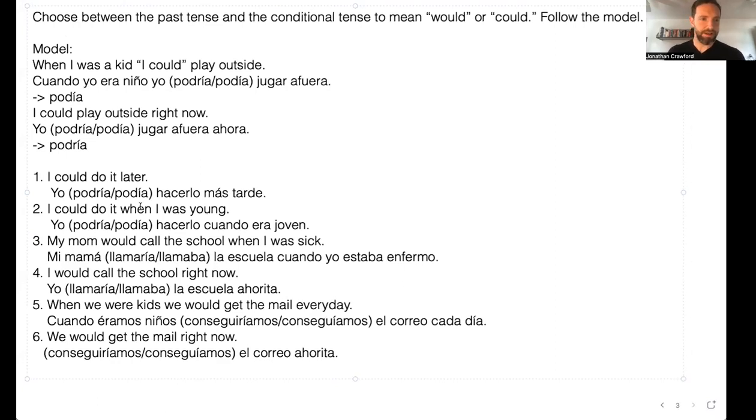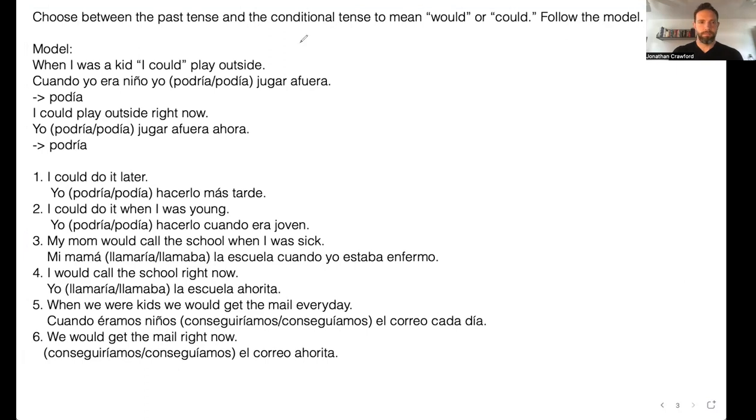This one, because I'm just making you choose between the two conjugated verbs in the parentheses. So it says, choose between the past tense and the conditional tense to mean would or could.